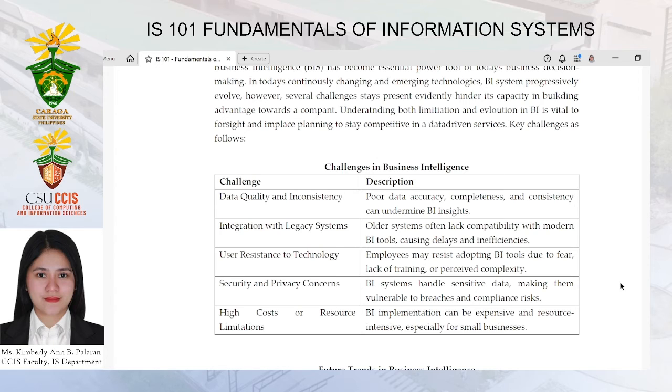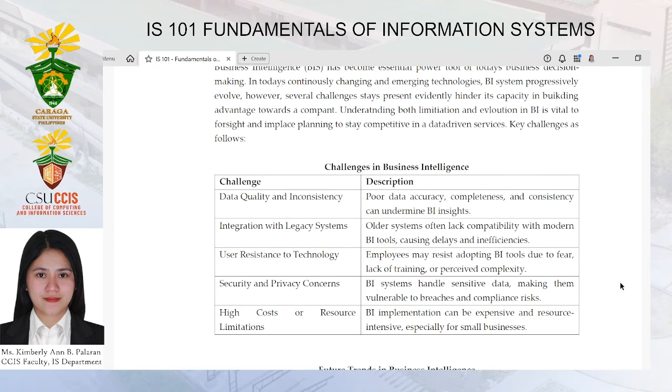Third one is user resistance to technology. This is very common. Employees are not well-trained. Some of them are not keen because they have the mindset that technology is difficult or that computers are hard to operate. So, employees may resist adopting these tools due to fear or complexity, since it seems too complex to learn. Number four is security and privacy concerns.